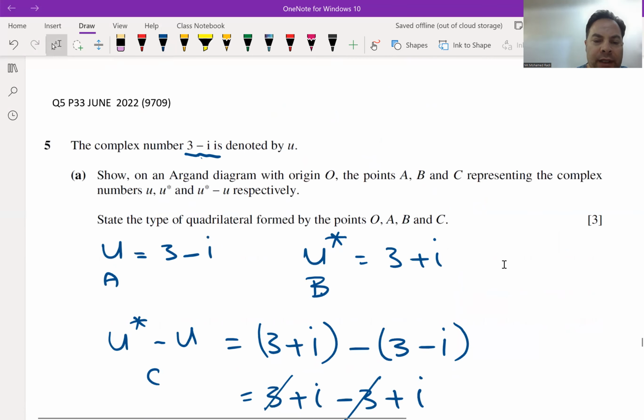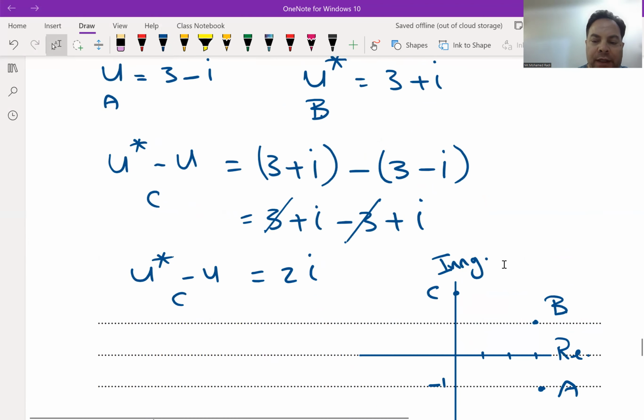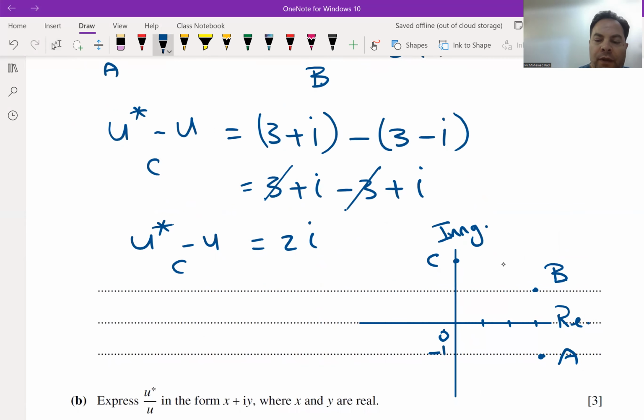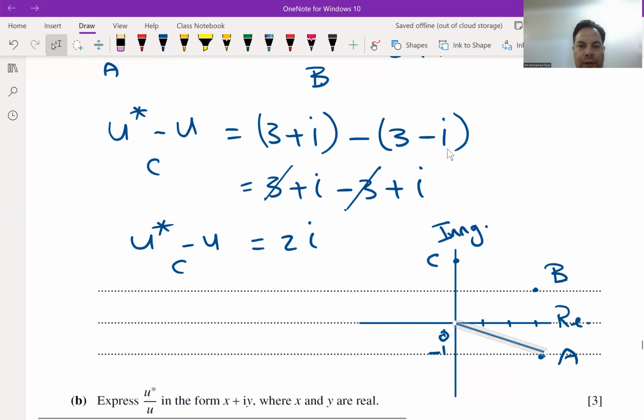State the type of the quadrilateral from the points O, A, B, C. From O to A, B to C, if we join C, it's clear that this shape is a parallelogram.